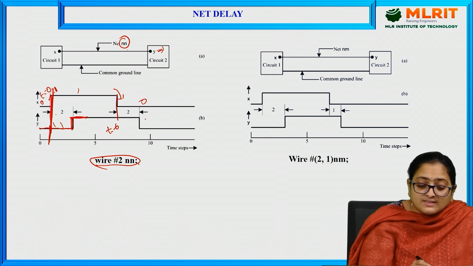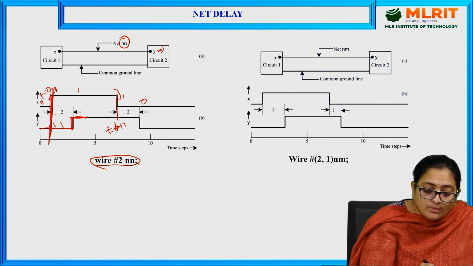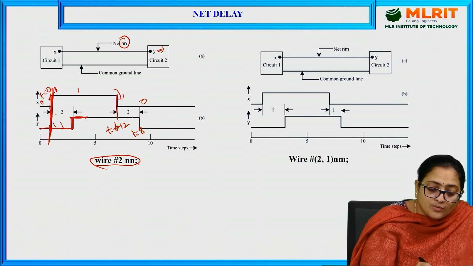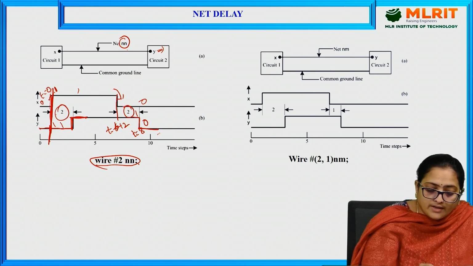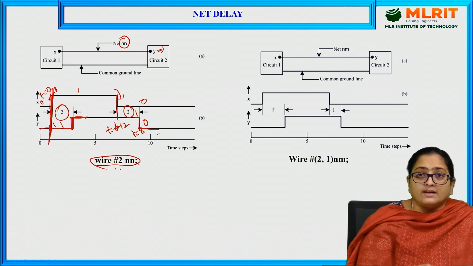But it waits for 2 more time intervals, that is at time t equals 8 at the output side, the transition occurs from 1 to 0. So, this delay is provided by using net delays.